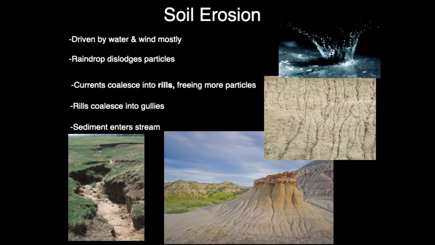Once rills accumulate together, they make deeper cuts within the soil, and those are called gullies, like the one over here. They're created by the rills either getting together and enlarging, or just simply flowing down into a previously made one. And then from the gullies, the water and the particles that it may carry flow into the stream, where they get transported and eventually deposited in their new location.